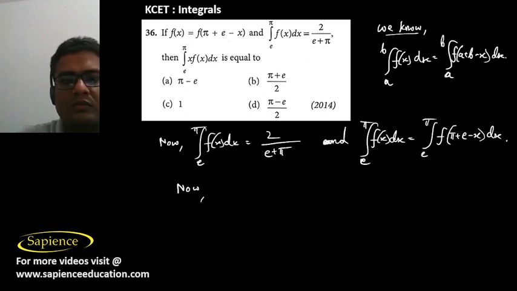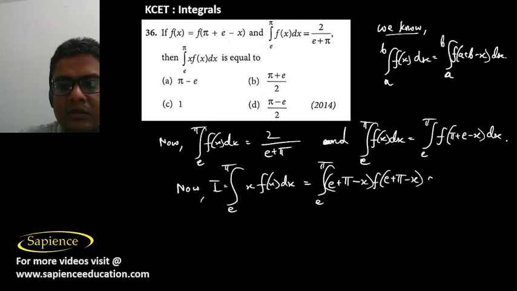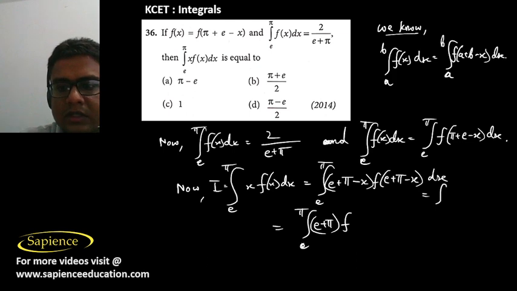Now we have to find the integral e to pi I, which is integral e to pi x into f of x dx. This can also be written as integral e to pi of e plus pi minus x into f of e plus pi minus x dx. So we can write it as integral e to pi of e plus pi minus x into f of x dx.